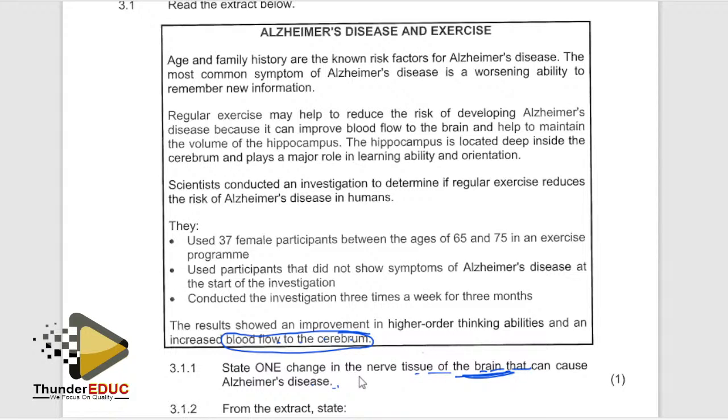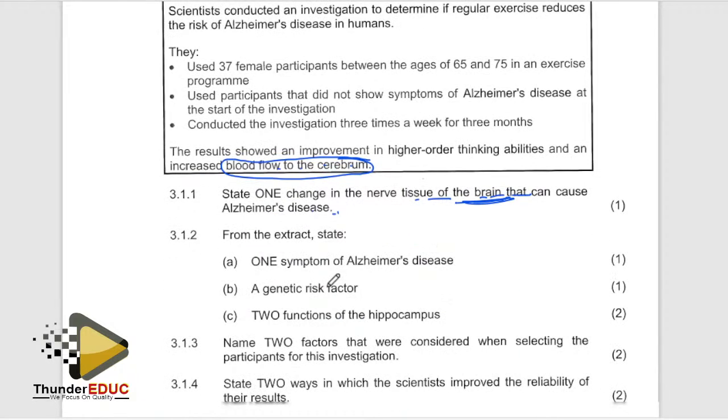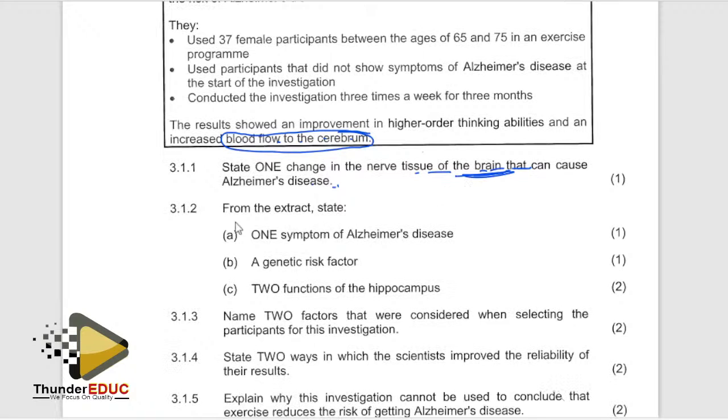Because once you increase the blood flow, then you tend to start forgetting about this Alzheimer's disease. You understand? But the moment the blood flow reduces to the cerebrum, then automatically the person is going to suffer from Alzheimer's disease.